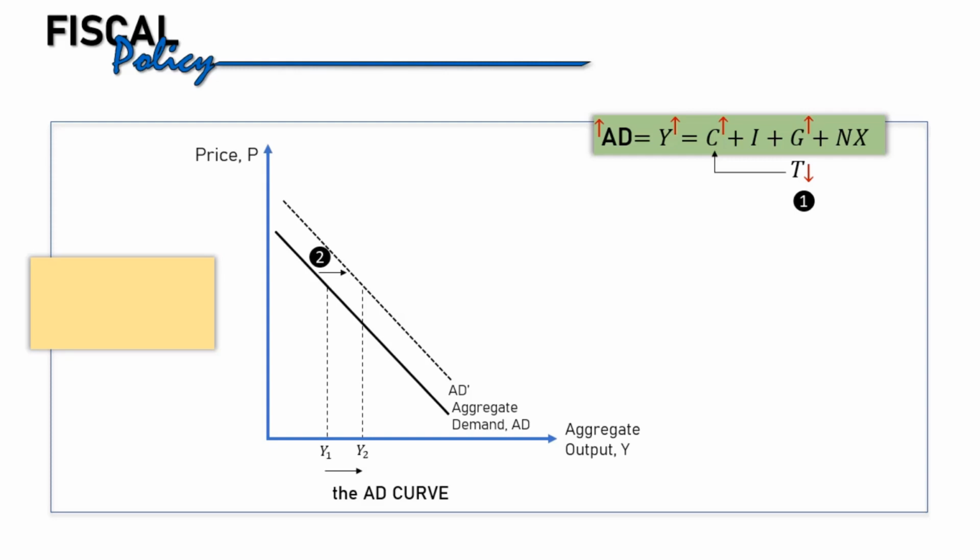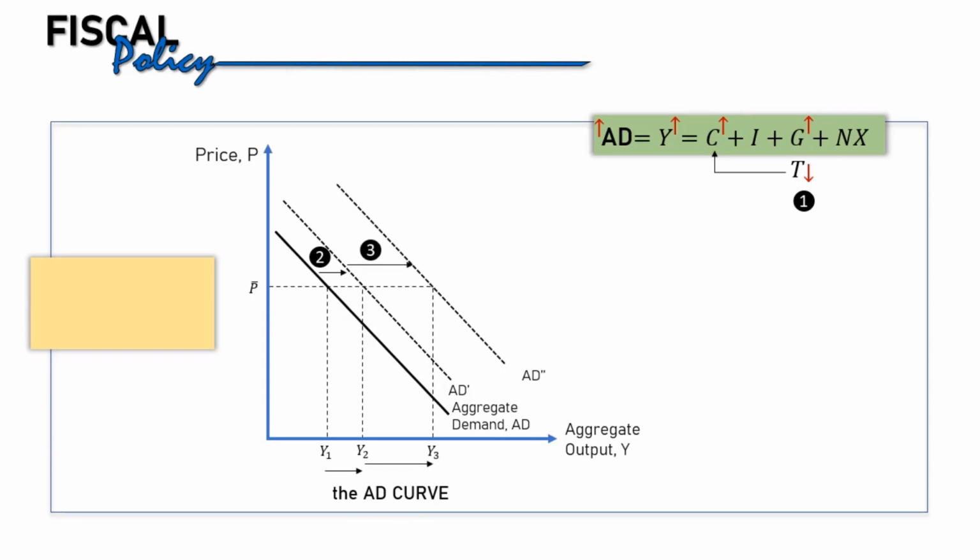Since consumption is affected by Y, higher Y will cause higher C. Higher C will increase Y. Higher Y will increase C again, C to Y again, and so on and so forth. This additional impact to Y from consumption is called the multiplier effect. It shifts the AD curve further to the right.